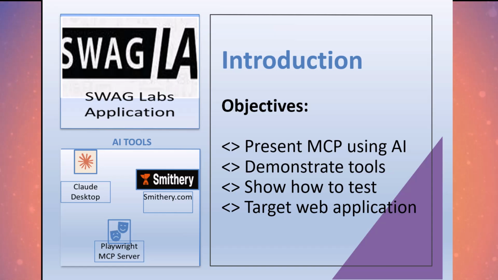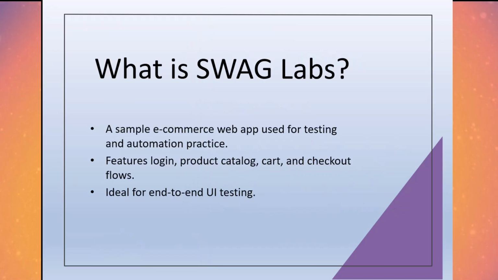The Smithery.com website referenced is only used for two things: to install the Playwright MCP server and to update the Claude desktop tool with proper configuration data. Now, Swag Labs is a popular demo e-commerce website used for testing and automation purposes.